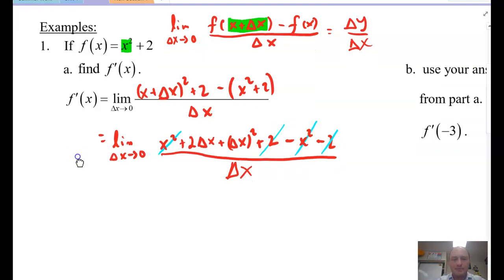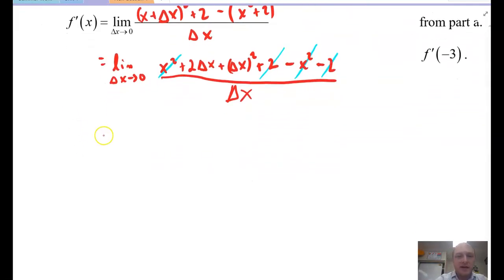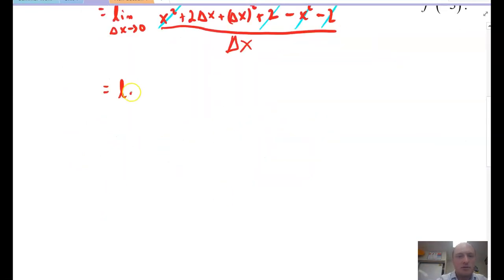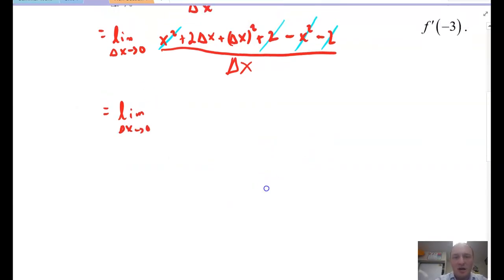So what we end up getting is the limit as delta x approaches 0 of 2 delta x plus delta x quantity squared over delta x.